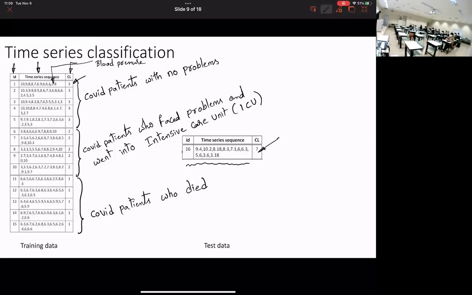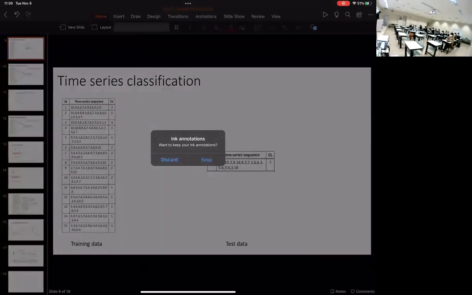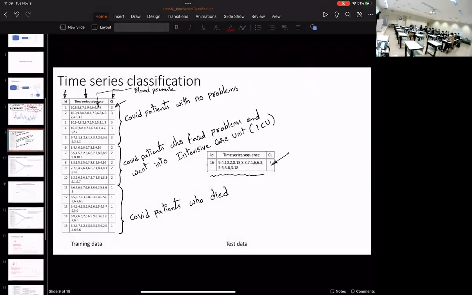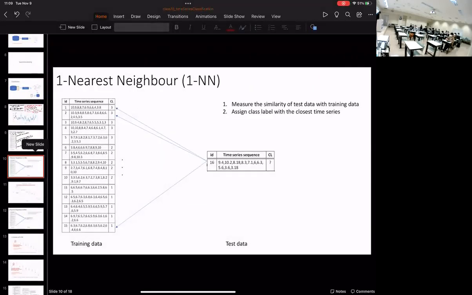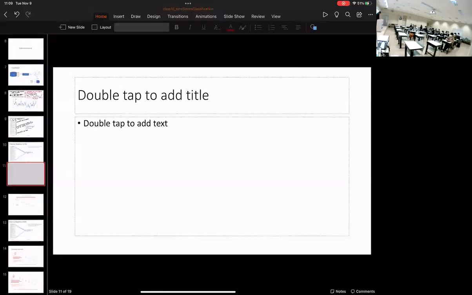Let us take one more example. Let us take 2 cases: COVID patient, not COVID patient. 2 classes.